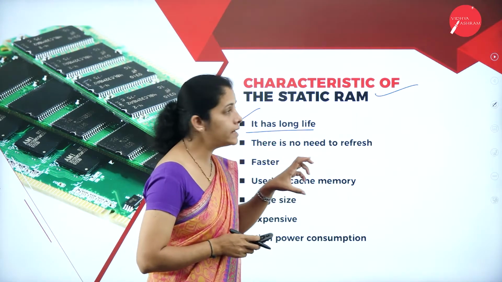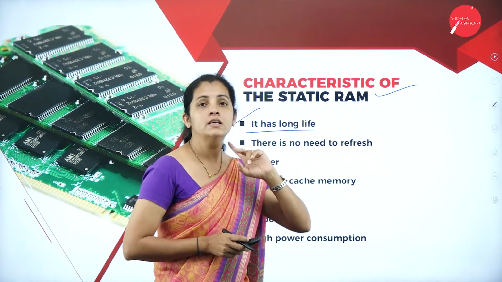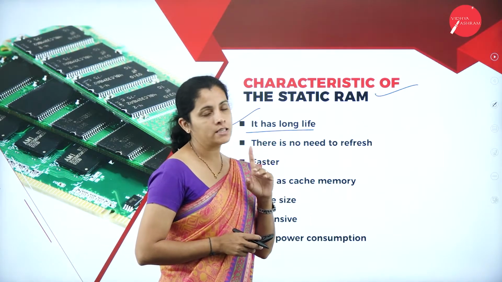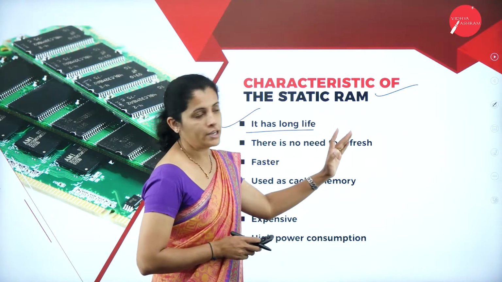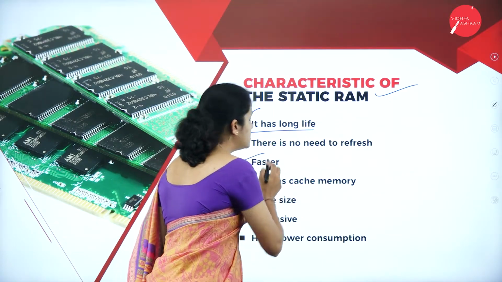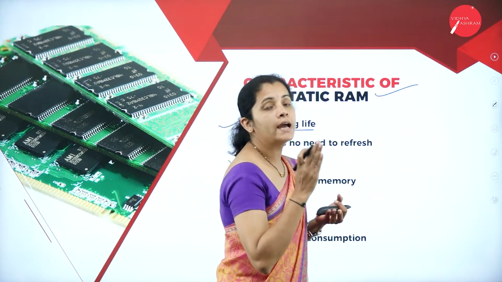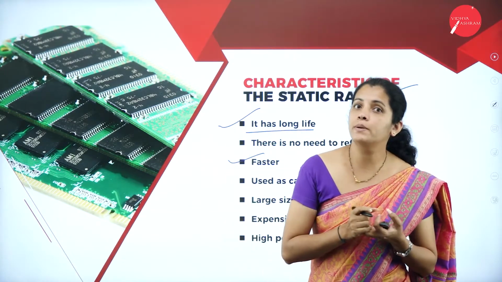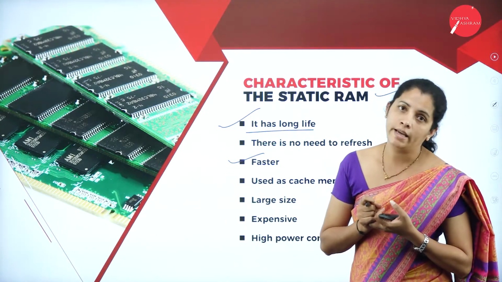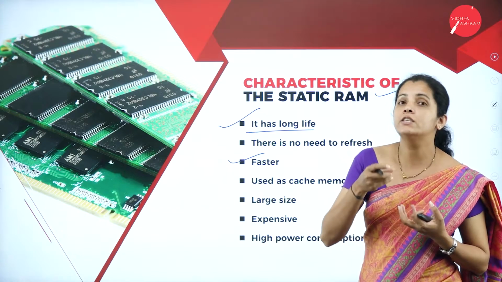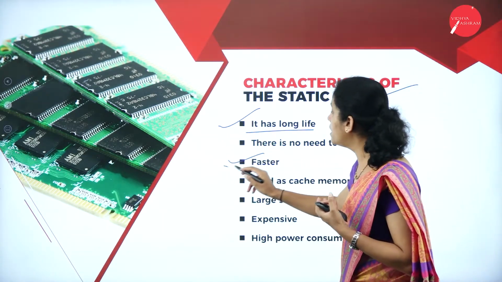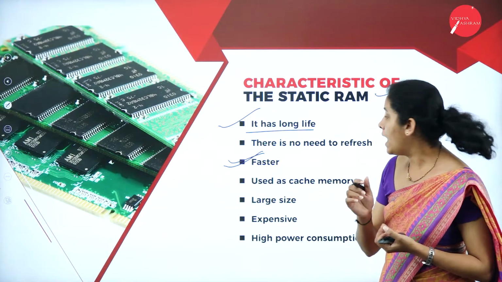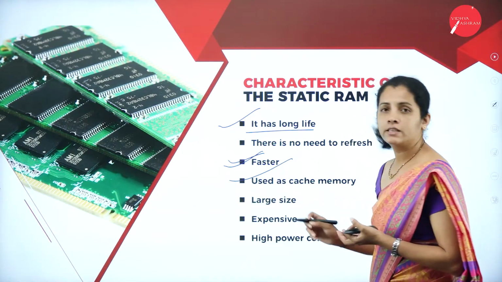And it is faster, because the static random access memory is called cache memory, the execution speed here is high, and it is a faster memory used as cache memory.